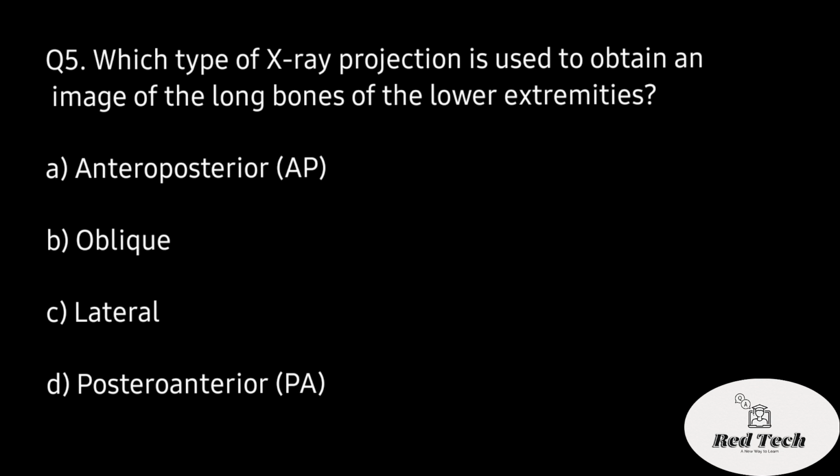In the long bone there is an AP view which we must take, and there is another: in the long bone we have to cover one joint also. So the right answer is option C, lateral. The lateral view is a must in the long bone. I hope you clear this point, the main projection.